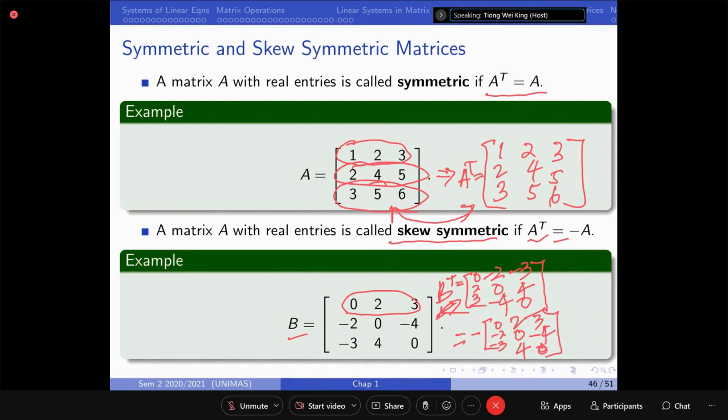So this is negative B. We obtain B transpose equals negative B, so we say that B is a skew symmetric matrix.